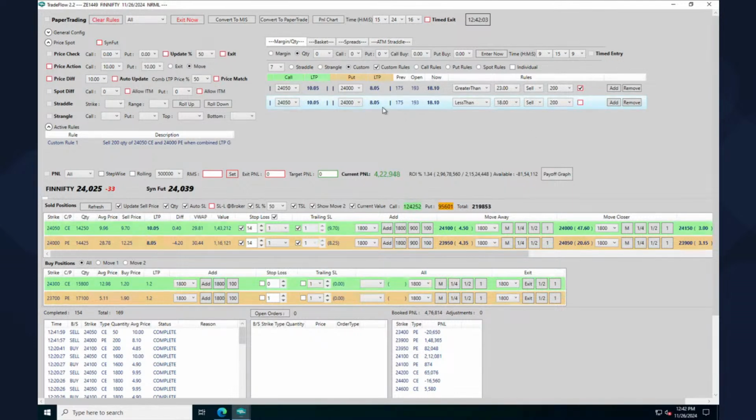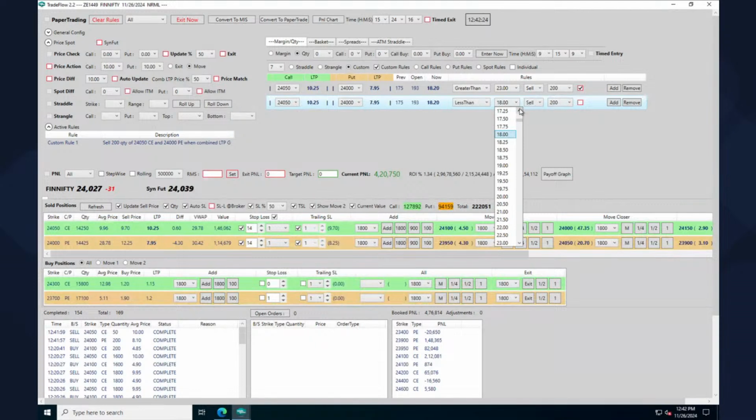So the combined price is below 18, I'm going to sell. That will give you an execution sound, not necessarily an alert sound like TradeFlow. At least I know that something is happening in case I'm not looking at the laptop. That's the main reason, but that's not an alert as such.